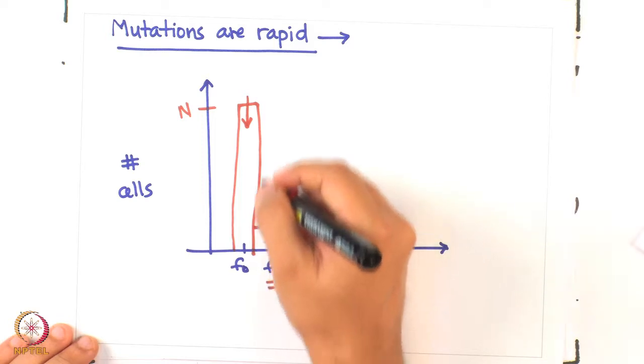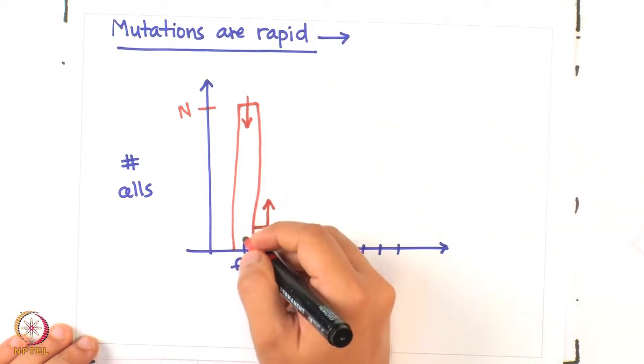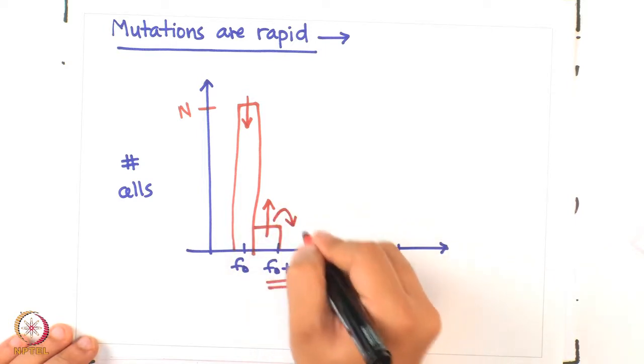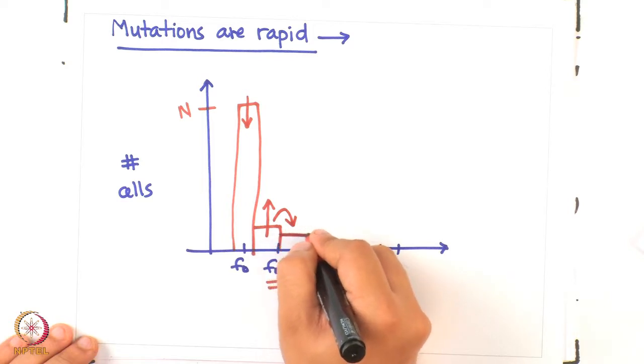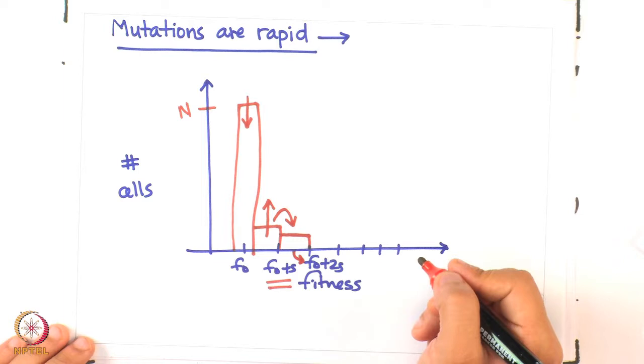But before this genotype can reach fixation, that is before it can totally eliminate the parent genotype from the environment, another mutation from this pool happens, and you have another genotype which corresponds to fitness F0 plus 2S.